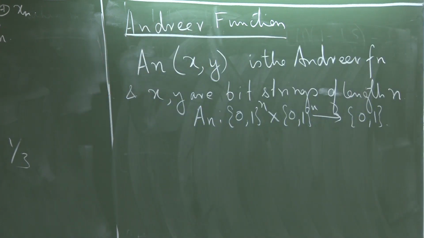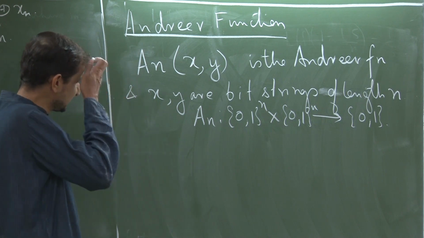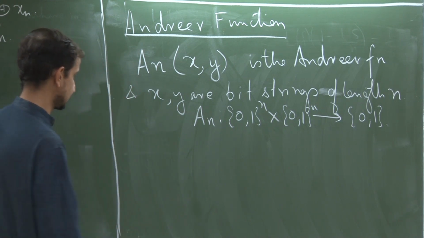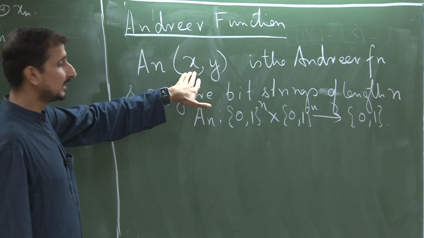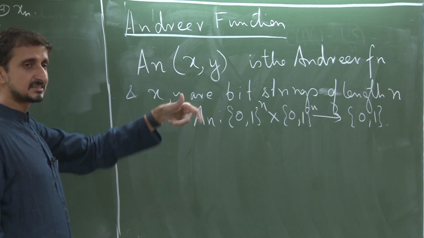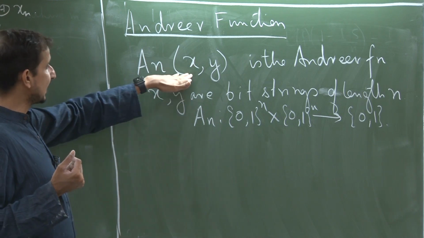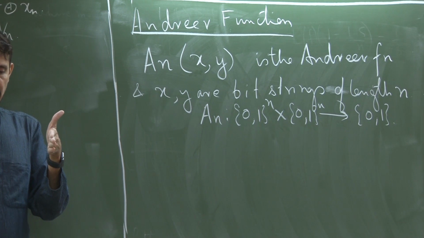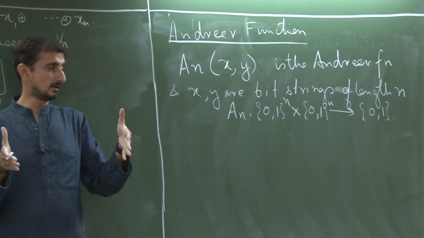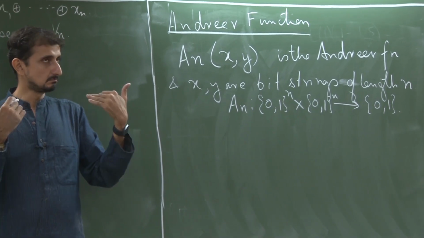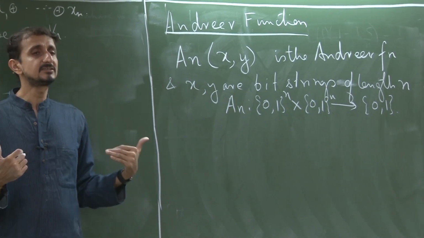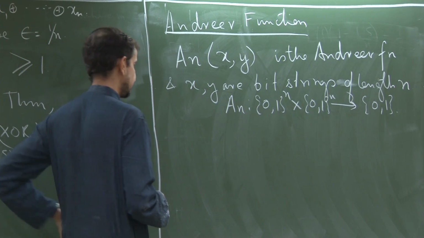So, how is this function defined? The way this function is defined is as follows. I will give a pictorial view, and that is the best way to understand this. Take the string x. I will divide the string x into log n chunks of n by log n bits each.